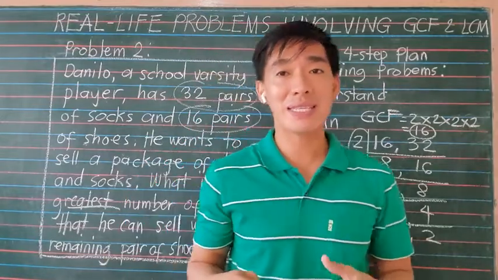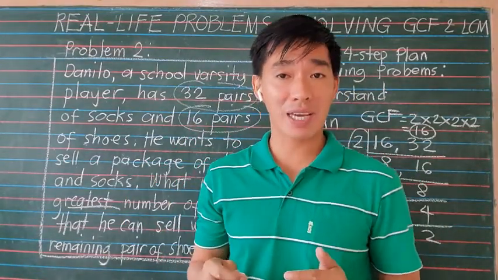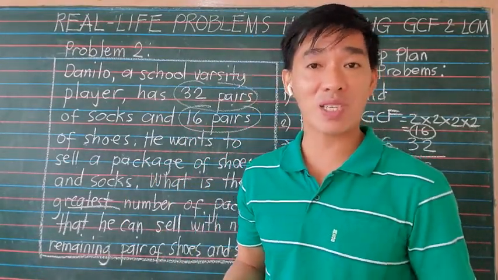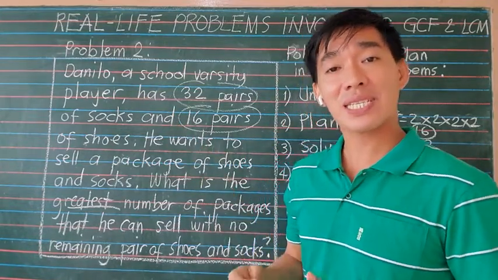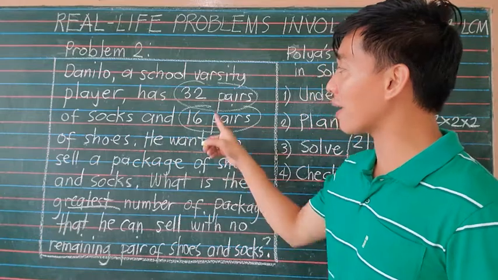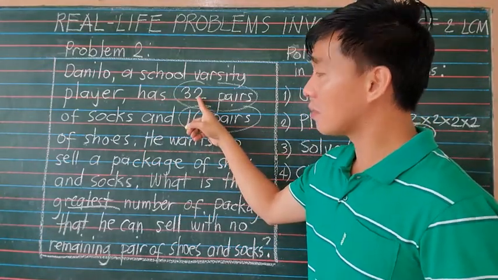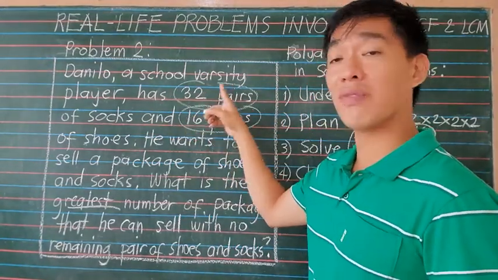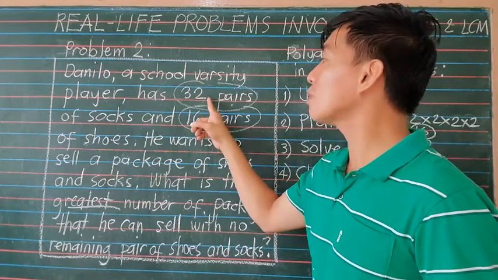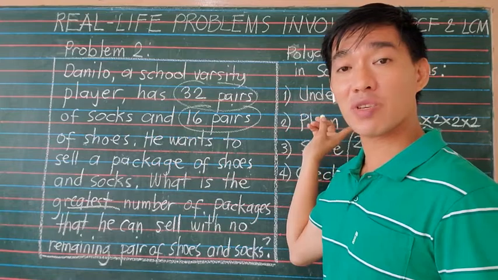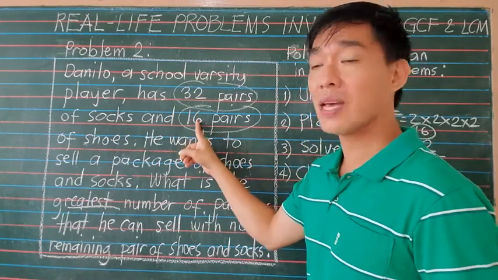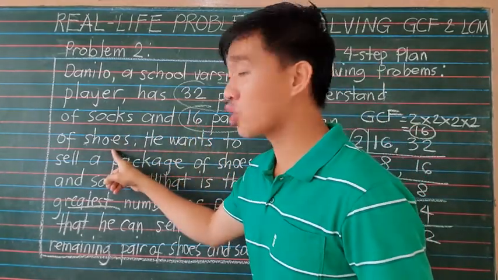So it simply means that the biggest number of packages that Danilo could make is 16. 16 packages wherein each package could have 32 divided by 16, which is equal to 2 pairs of socks. And 16 divided by 16, which is the GCF, is equal to 1 pair of shoes.